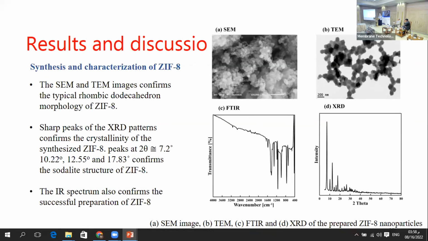The ZIF8 nanofiller was successfully prepared, as can be seen here from the SEM and TEM images. The typical rhombic dodecahedral morphology of ZIF8 can be clearly seen from these SEM and TEM images, and the IR and XRD studies also confirmed the successful preparation of the nanofiller.